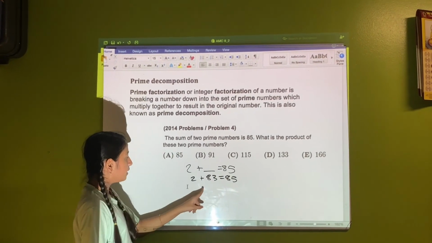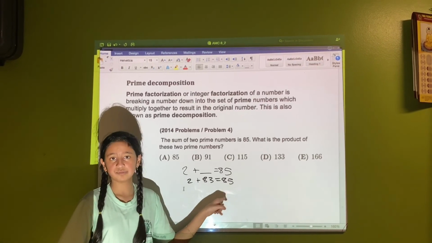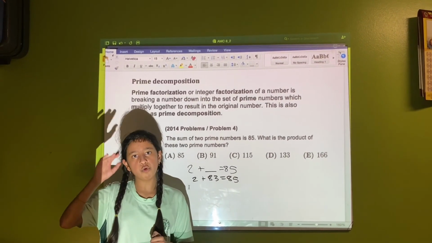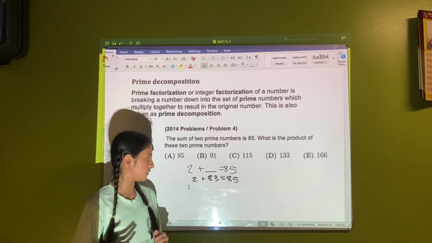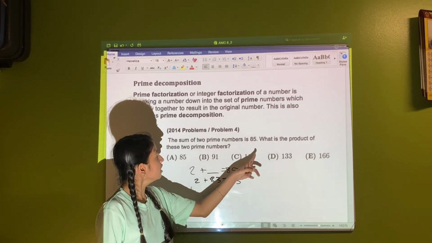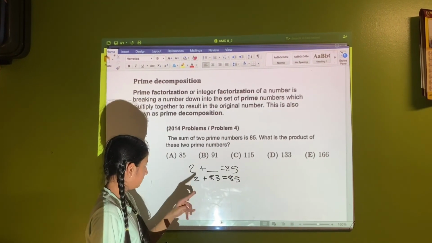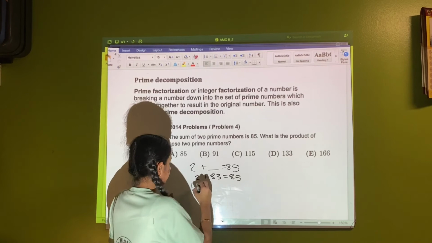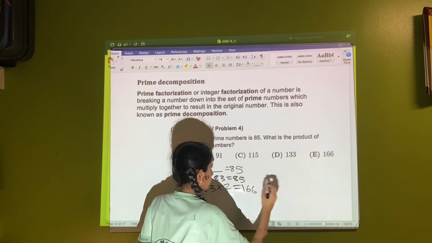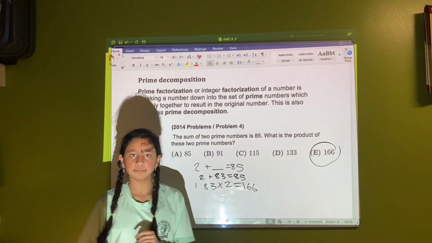So now we know 83 is a prime here. If you want to make sure, it's going to be helpful in AMC if you know your primes from 1 to 100. It'll save a lot of time so you don't have to check. So the question is, what is the product of these 2 prime numbers? 83 times 2 is 166. So that is E.